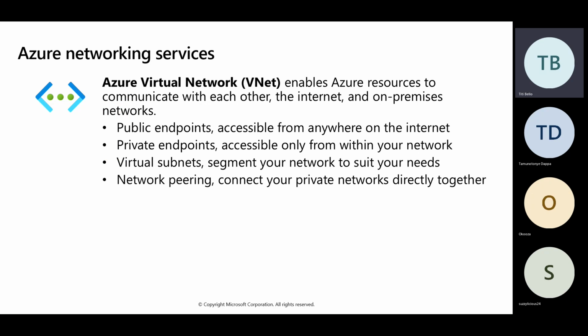Finally, looking at Azure networking. Azure networking services, it's majorly called VNet, that's virtual network in Azure. It enables Azure resources to communicate with one another. So if I want two virtual machines to be on the same IP subnet, what I need to first do is to create a virtual network.